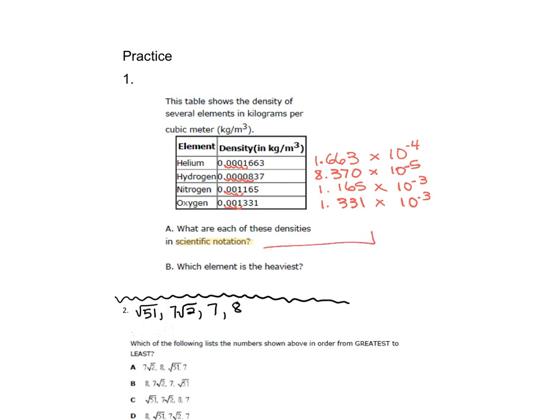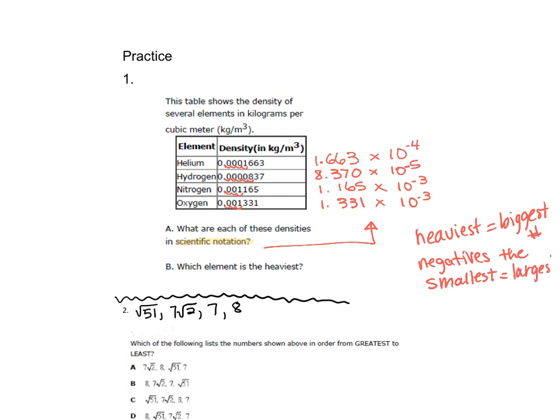So that's number one. And number two, which element is the heaviest? Well, heaviest with negative numbers equals the biggest number. And with negatives, the smallest is the largest because it's closer to 0.